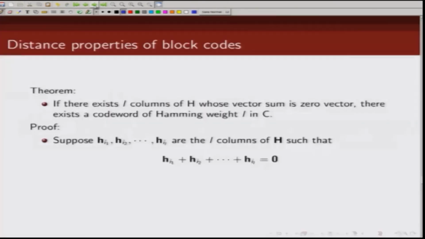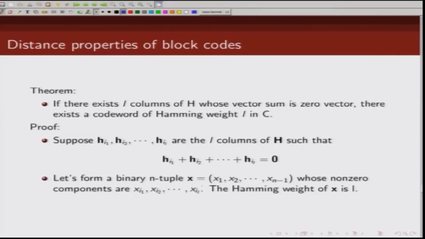So, let us see. Suppose these L columns of parity check matrix H whose vector sum is 0 are given by Hi1, Hi2, Hi3 up to HiL. Then what we have is Hi1 plus Hi2 plus Hi3 up to HiL is going to be 0.